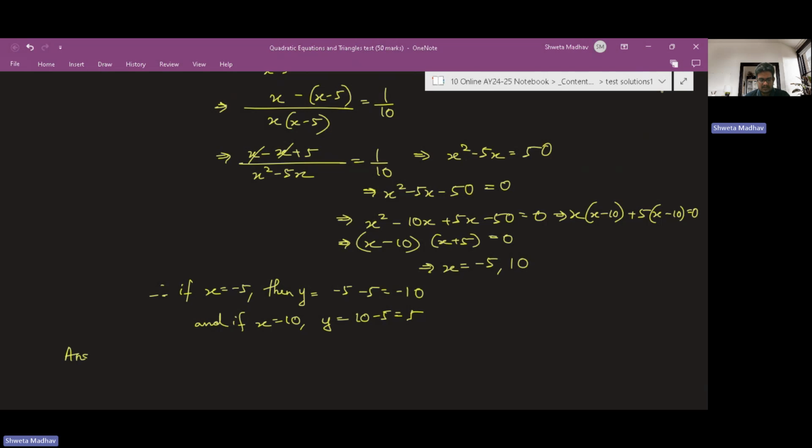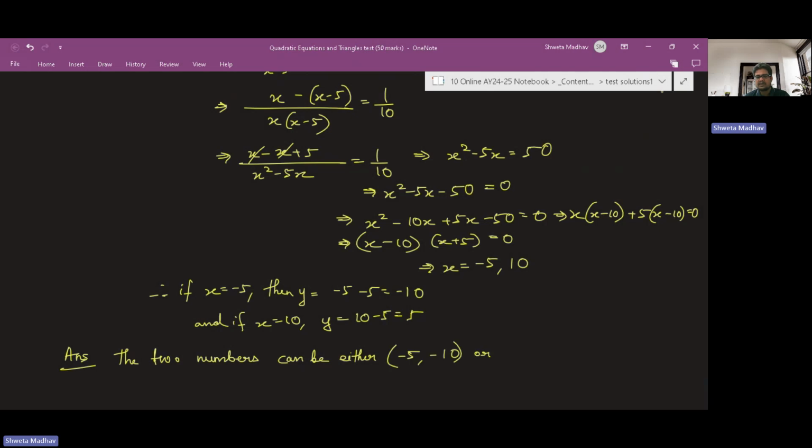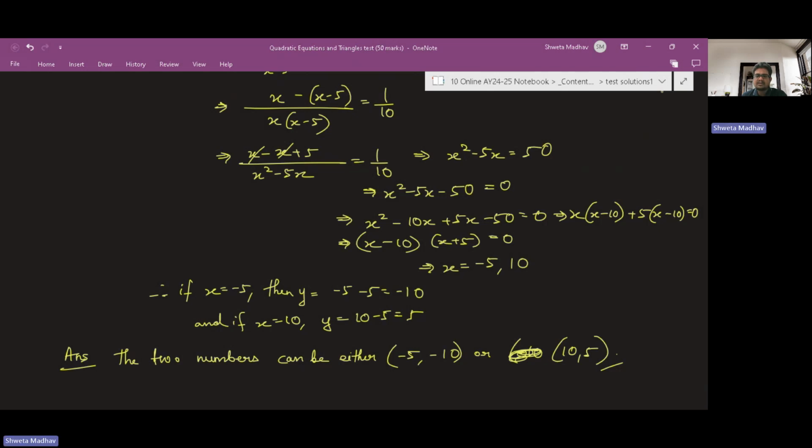So therefore, the answer is that the two numbers can be either minus 5 and minus 10, or it can be 10 and 5, since in both the cases the given conditions will be satisfied.